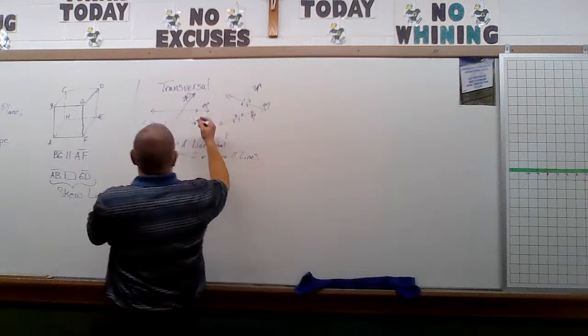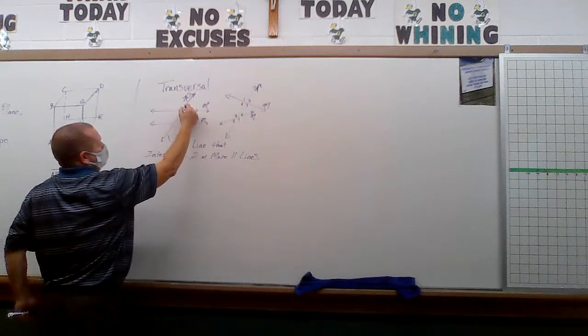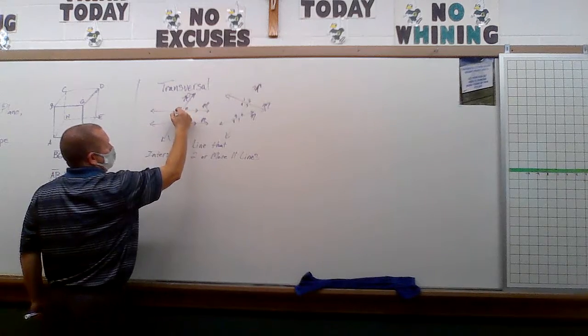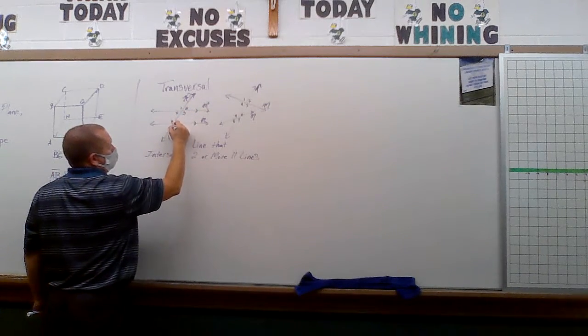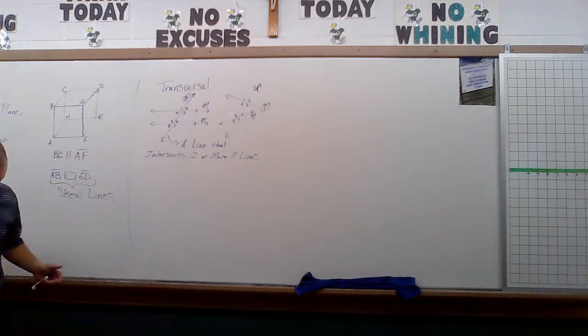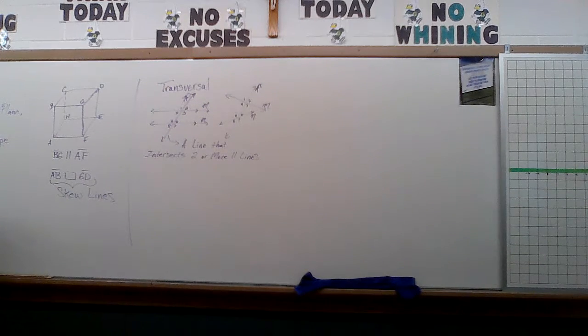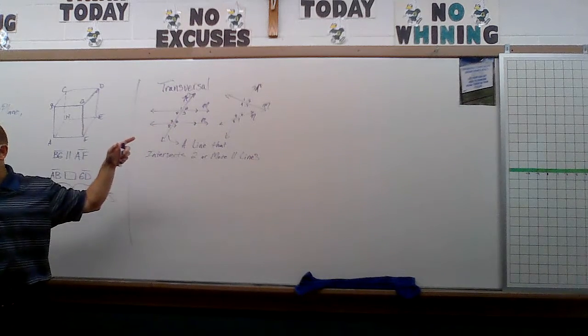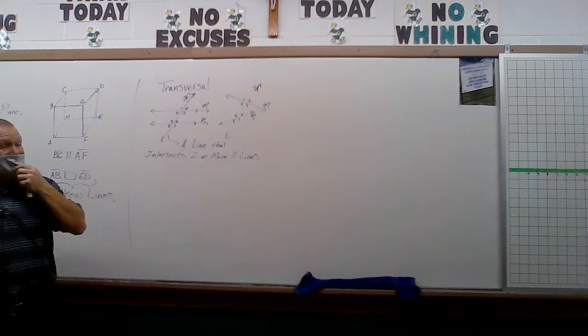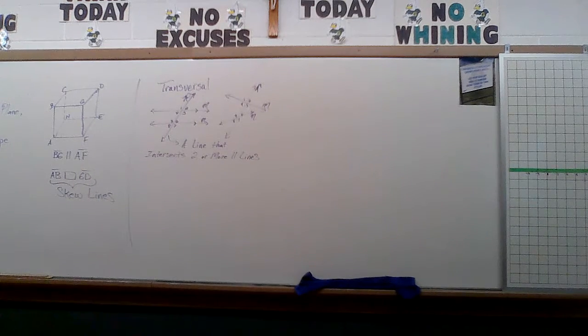Okay, and if I come back over here, I can put them in the same order. Okay. So this is the important part of transversals, that you recognize and see those angles that were formed. And they're going to have sets of angles or angle pairs that were formed because of that.